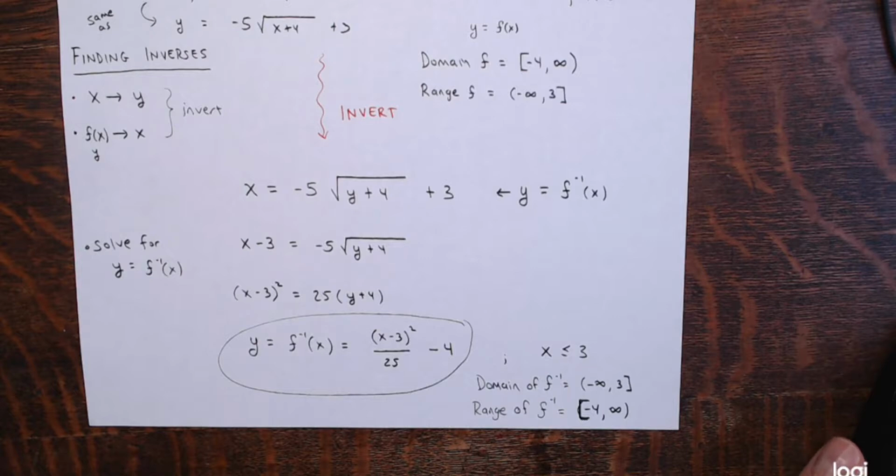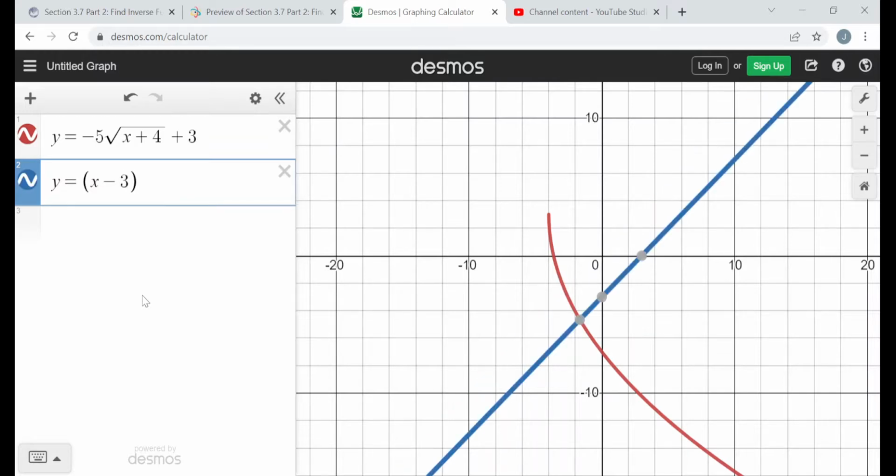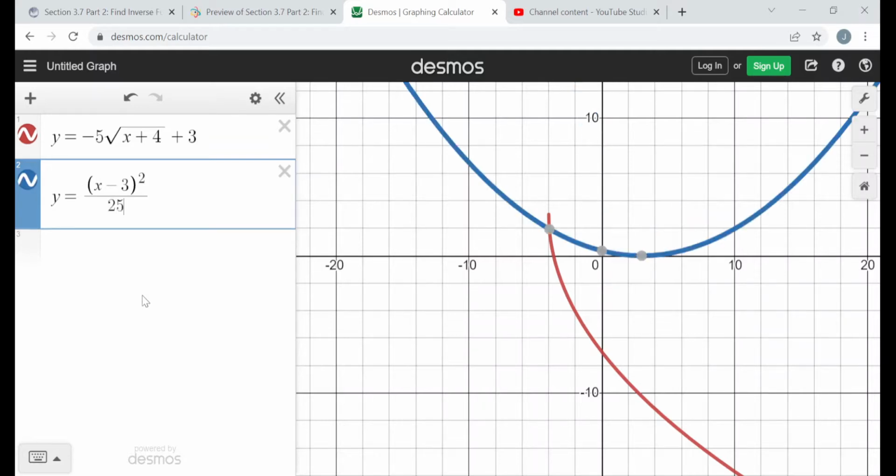Again, I'm assuming you've seen piecewise defined functions in previous videos I've done in previous sections. And I'll show you how to graph it. Here is my inverse: y equals the quantity x minus 3 squared, divided by 25, and then minus 4.